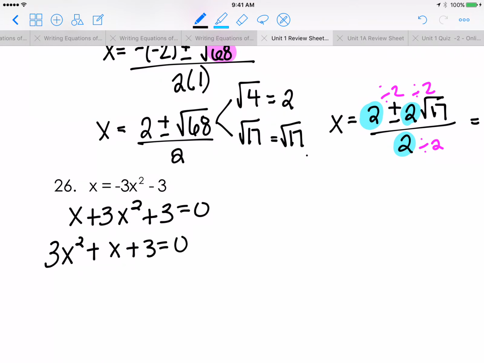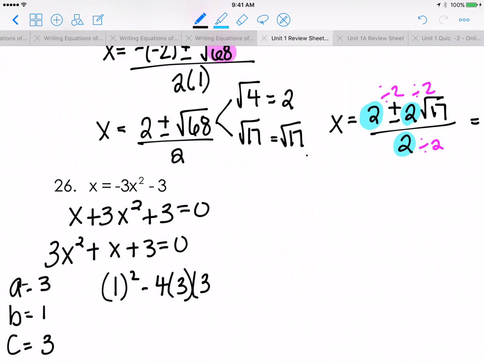Now we can determine what a is, what b is, what c is. So a is 3, b is 1, and c is 3. Now let's determine our discriminant. We've got 1 squared minus 4 times a times c. So we get 1 minus, let's see what 4 times 3 times 3 is.